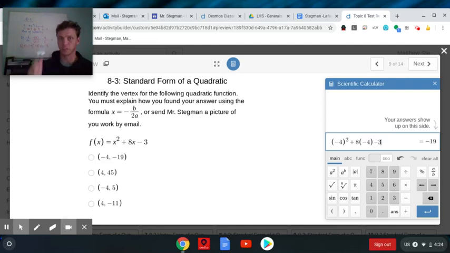Wherever there's an x, you're going to substitute the negative 4. And we can see your answer shows up right there. It's negative 19. So negative 4, negative 19 is our answer.